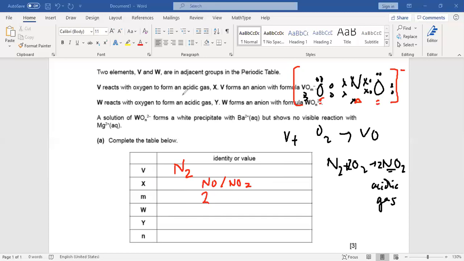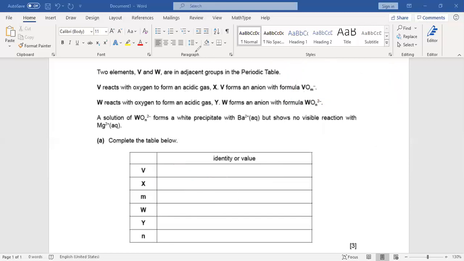Next, let me clear this up. The other one is W, which reacts with oxygen to give an acidic gas of Y. So let's say I have Y, and this Y is acidic. Subsequently, W forms an ion WOn 2 minus. So to my knowledge, we have SO4 2 minus.